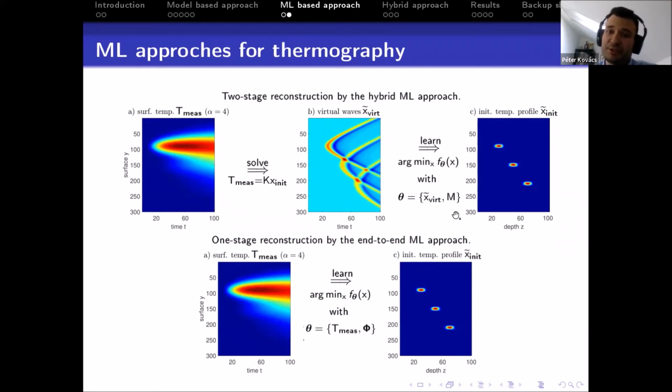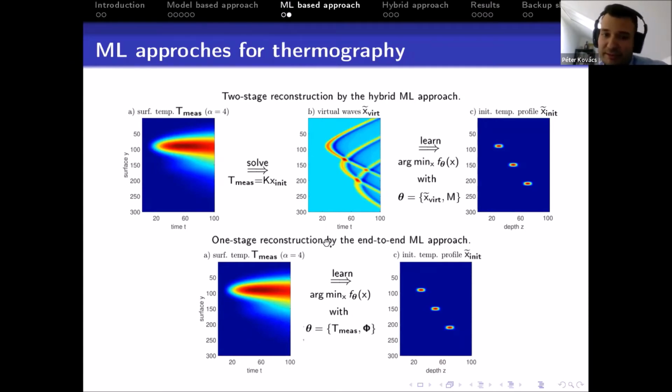And in the second stage, we train the neural network on the images we extracted in the first stage and on some target images. The reconstruction in the second stage would be performed by a machine learning method. So this first setup is called a hybrid approach.